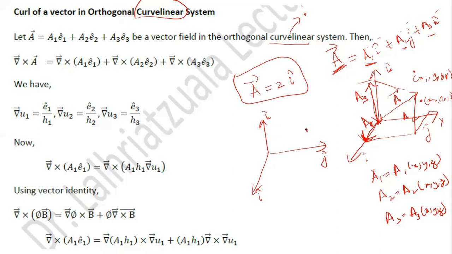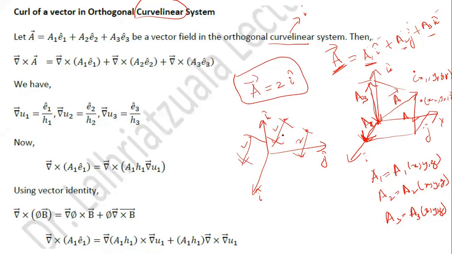Any point you take over here also, your vector will point along your i direction. It will have a magnitude of 2. Out here also, your vector will point along the i direction with a magnitude of 2. Anywhere you go in the space, it has the same magnitude 2 and also points along the same direction. These are constant vector fields.